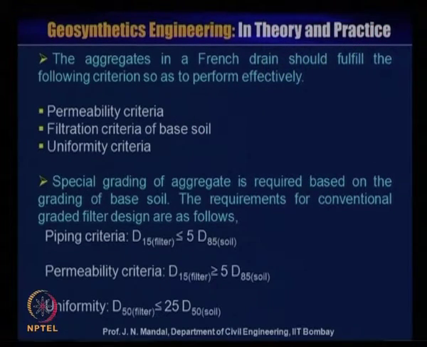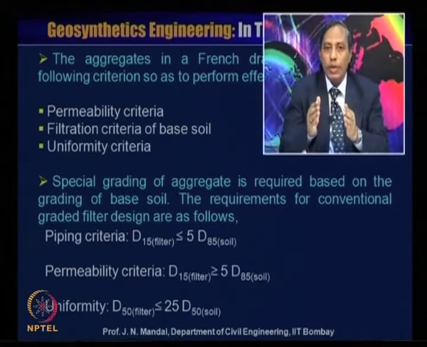The aggregate in a French drain should fulfill the following criteria so as to perform effectively. One is the permeability criteria, second the filtration criteria of base soil, and third the uniformity criteria. The special grading of aggregate is required based on the grading of the base soil. The requirements for conventional graded filter design are as follows.